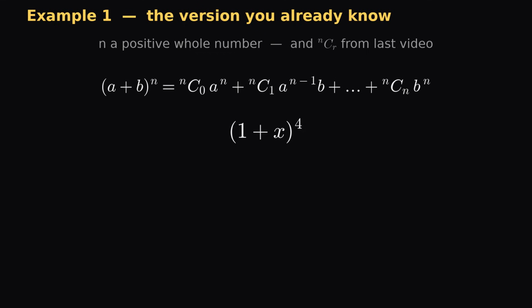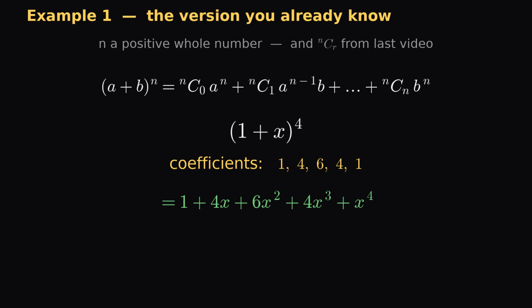Take (1 + x)^4. The coefficients are the 4Cr values, 1, 4, 6, 4, 1. So it is 1 + 4x + 6x^2 + 4x^3 + x^4. 5 terms, valid for every x, and then it stops.